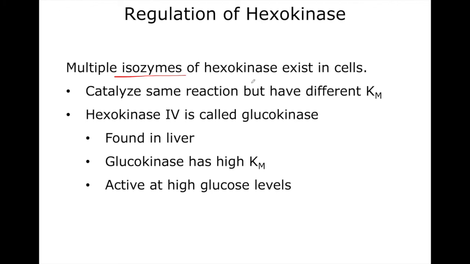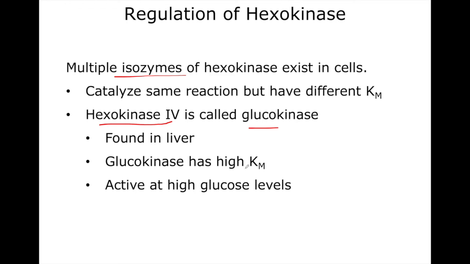These isozymes often have different KMs. An example of this would be the isozyme hexokinase 4, also called glucokinase, which is found in the liver. And of course, after a meal, after insulin binds to the liver cells, the liver can take up a lot of glucose all at once.